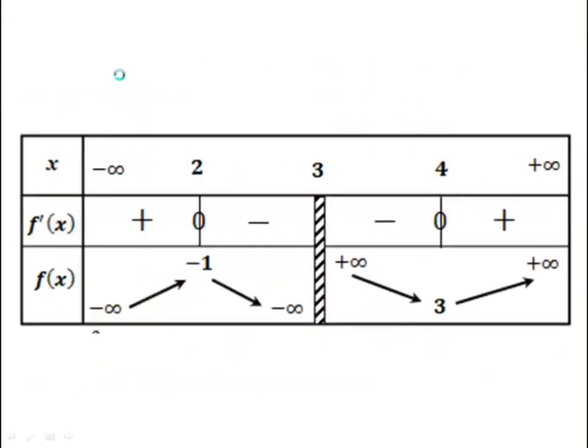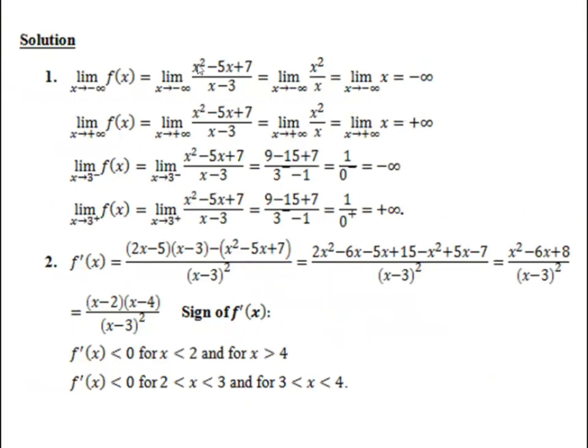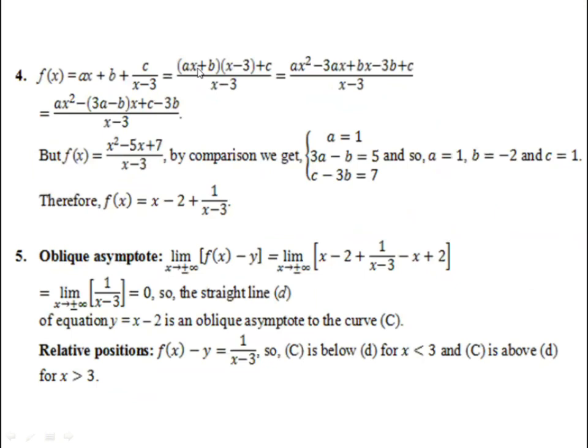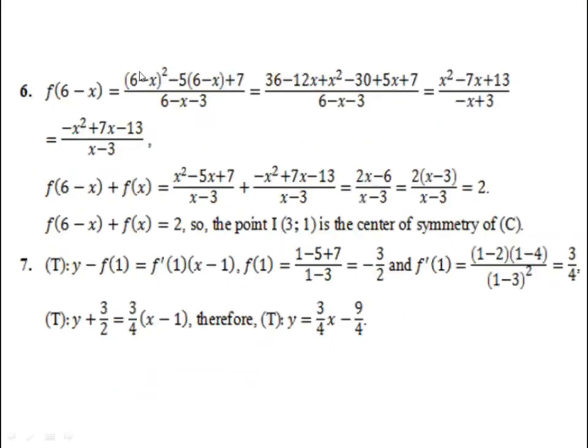So in the expression of f here, we put instead of x, 6 - x. So f(6 - x) equals (6 - x) all squared minus 5 into (6 - x) plus 7 all over 6 - x - 3.